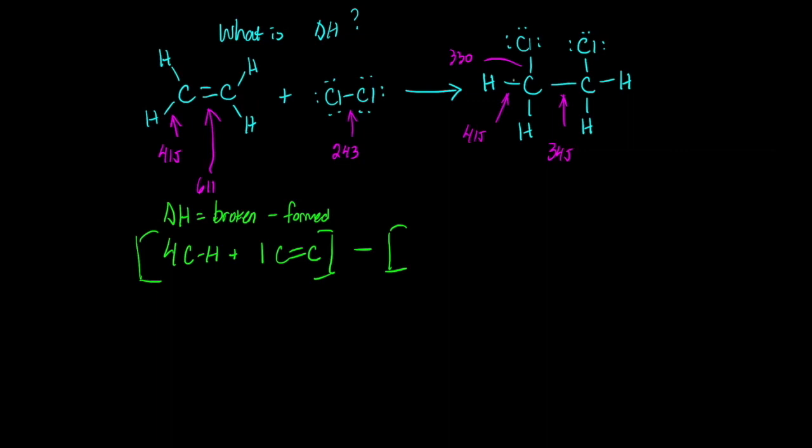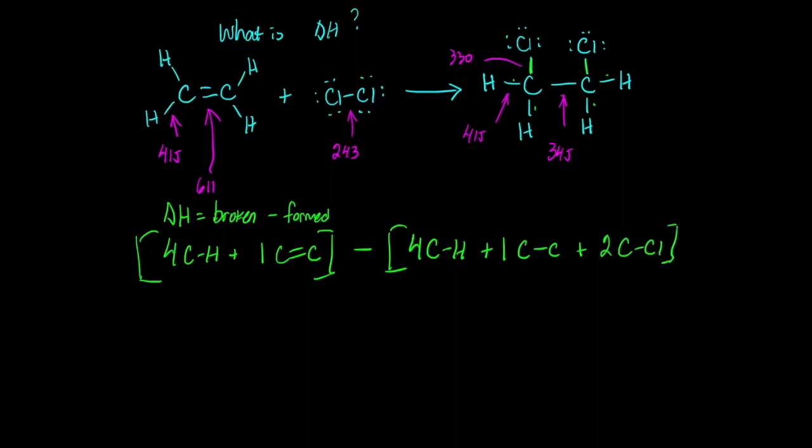If we count the CHs, we have 4 of those CHs. And we have, let's see, 1 CC. Okay. And we have 2 CCls. Okay. We have two of those bonds.